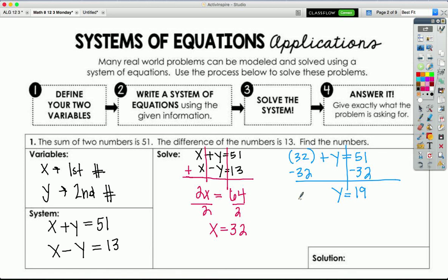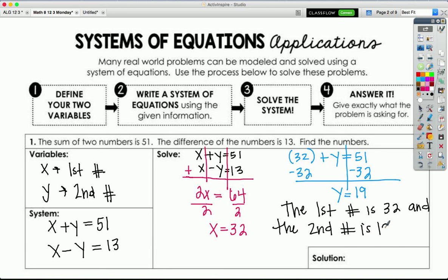So if we make a sentence statement here, the first number is 32. And the second number is 19. Again, if it had not been an application problem, we could have just written the ordered pair. But since it's an application problem, we need to answer with a sentence.